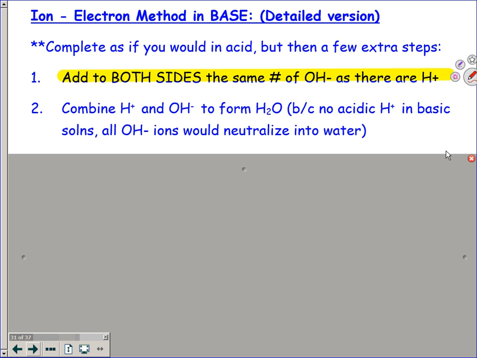Alright, write down your instructions for bases. Write down your instructions for bases.